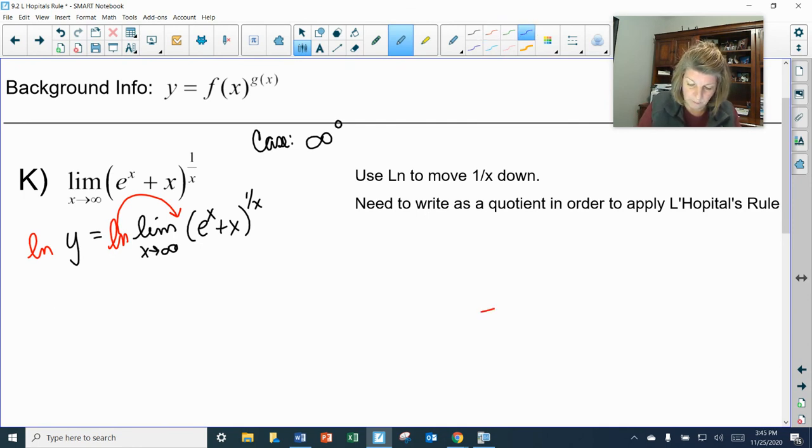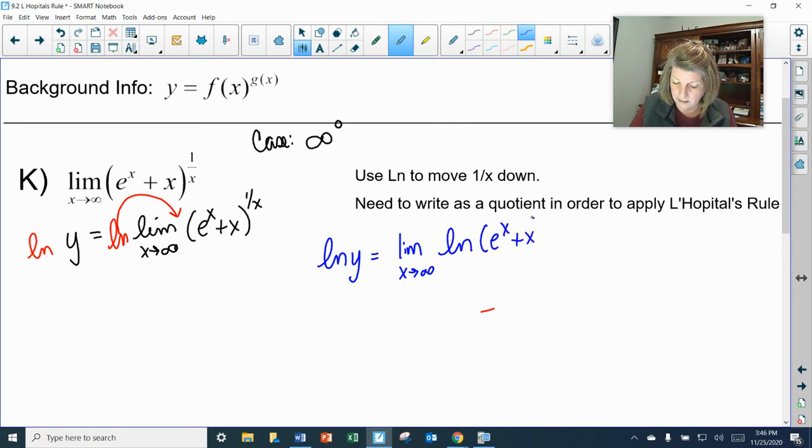So this will really look like a natural log of y equals the limit as x goes to infinity of natural log e to the x plus x. That 1 over x can come down and it'll be written over x. Ooh la la!